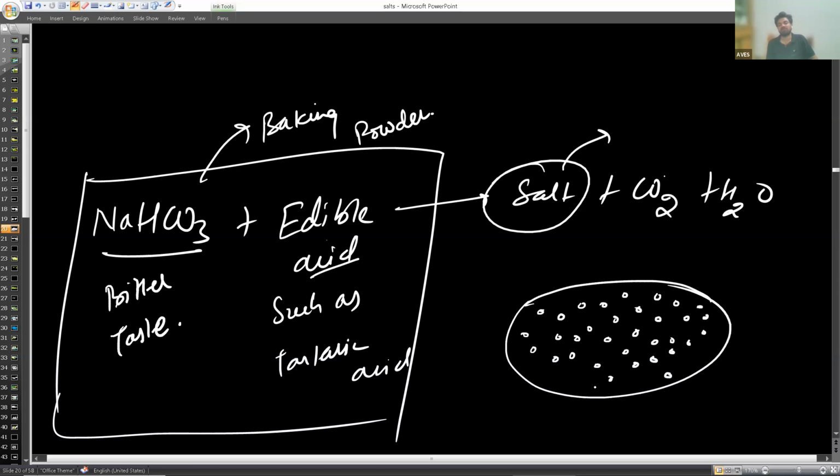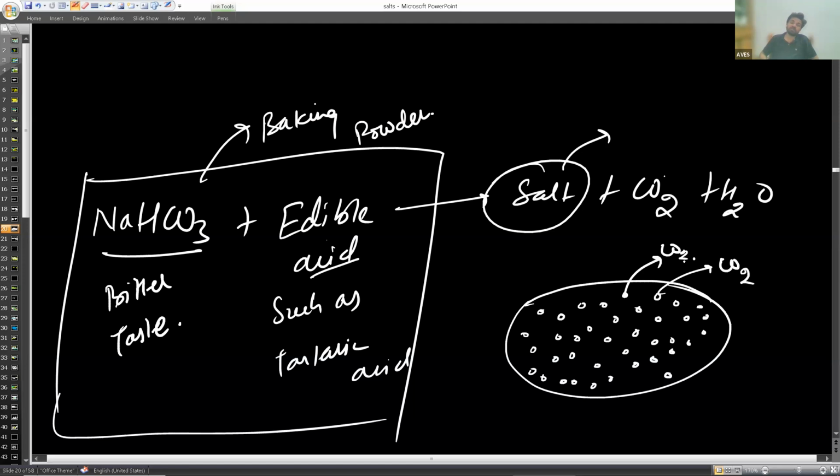Now when you heat this slightly, on heating this carbon dioxide, CO2, will be released. Are you getting my point? What I'm saying is that this CO2 will be eliminated out when you heat it, and the space where the CO2 was trapped will remain vacant and will make the bread spongy.